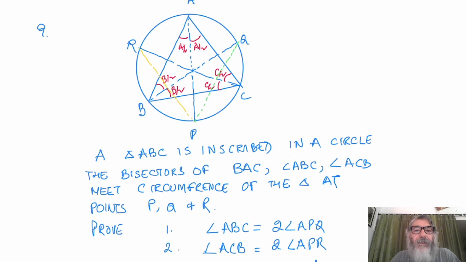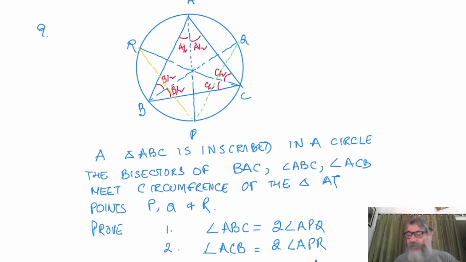Inscribed in a circle, and AP, BQ and CR are the bisectors of the angles, which meet at the circumcircle of the triangle at points P, Q and R. It is a circumcircle because it is passing through A, B, C. So he is saying the bisectors of angles A, B and C meet the circumference of the circle at points P, Q, R. Now he wants you to prove three things.